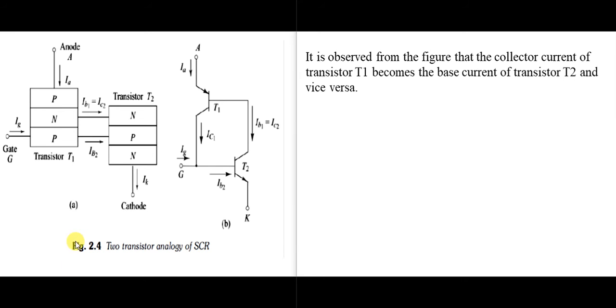Once again I will repeat. In this diagram, the collector current of transistor T1 is becoming the base current of transistor T2 and vice versa.